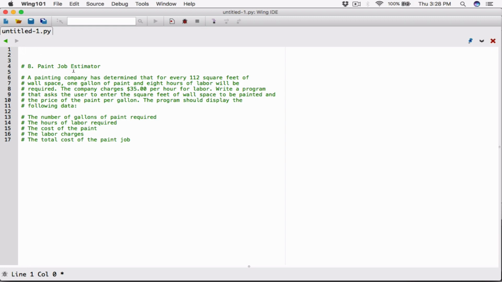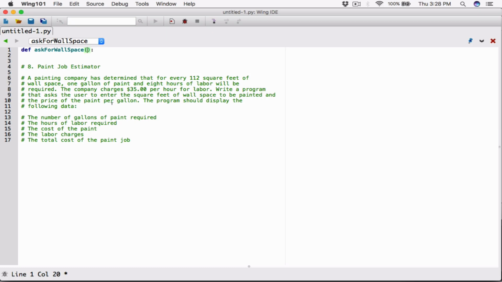So let's create a function that's going to ask the user to enter the square feet of wall space. I'm going to define a function, and I'm going to call it ask for wall space.